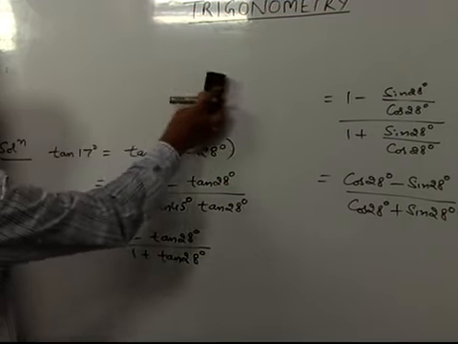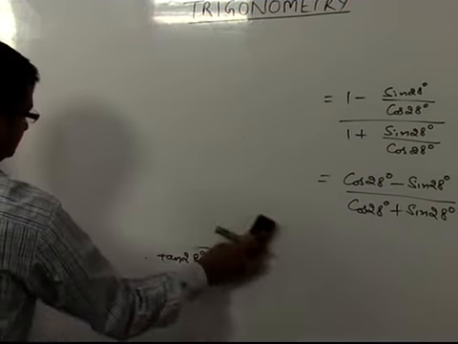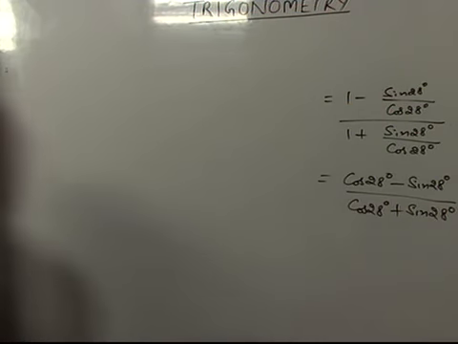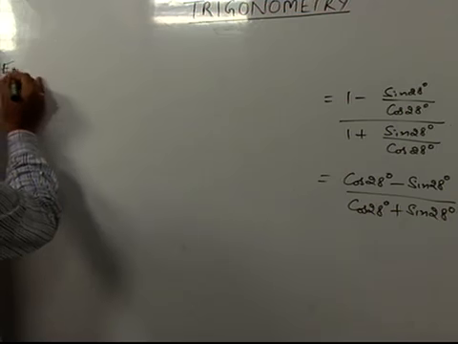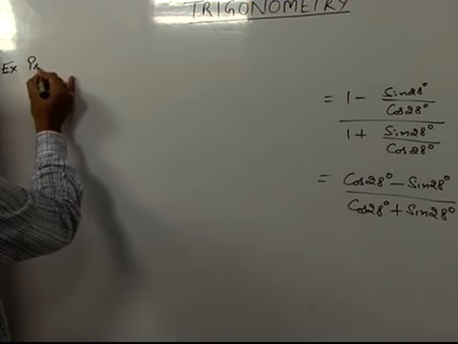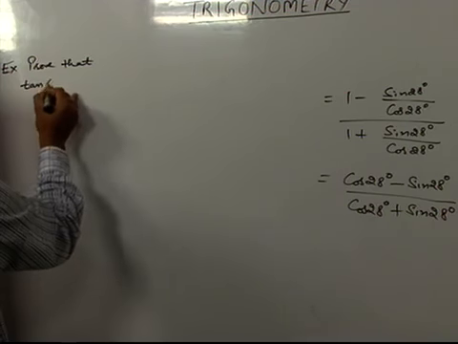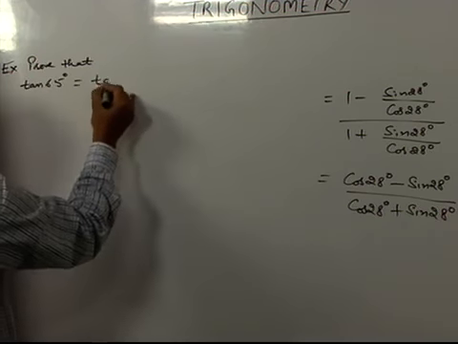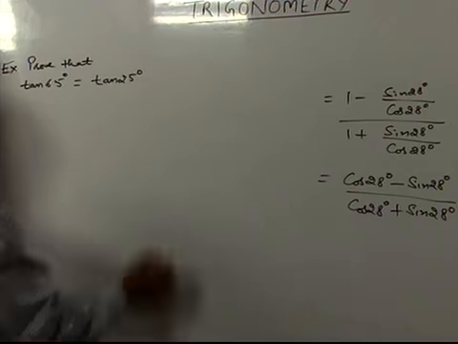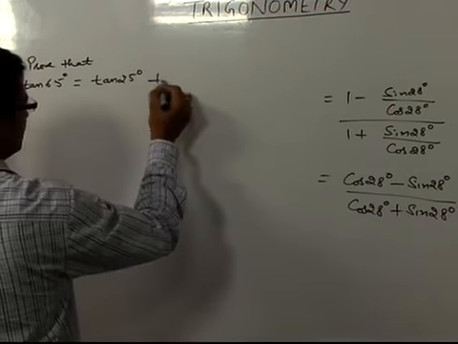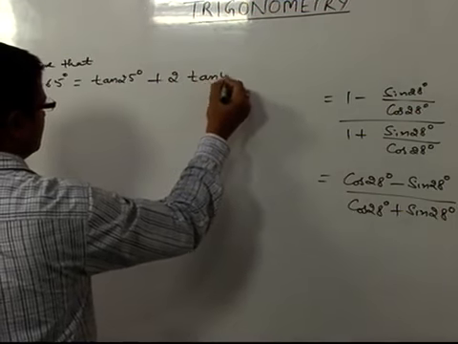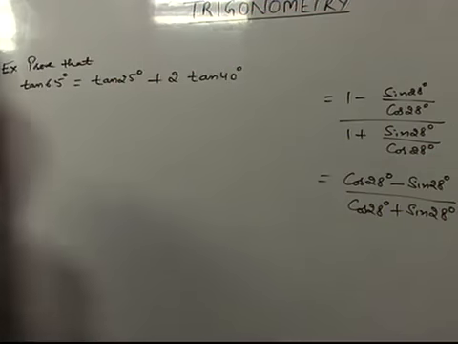Let's take another example. Prove that tangent of 65 degree is tangent 25 degree plus 2 tangent 40 degree.